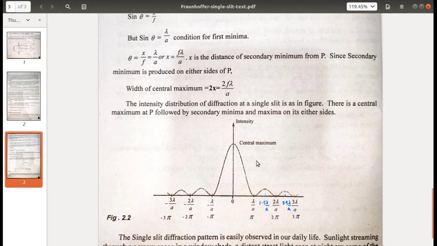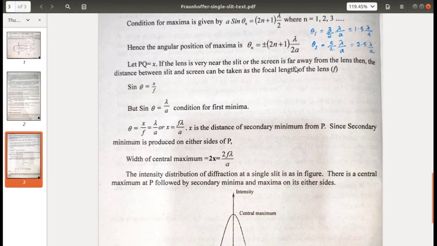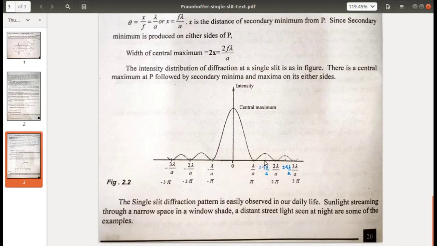And for n is equal to 1, 2, 3, etc., the theta varies as 1.5 lambda, 2.5 lambda, etc. So 1.5 lambda corresponds to the second order maximum, and 2.5 lambda corresponds to the third order maximum, etc., and similarly on the left side. So this graph represents the intensity distribution of the diffraction due to a single slit.